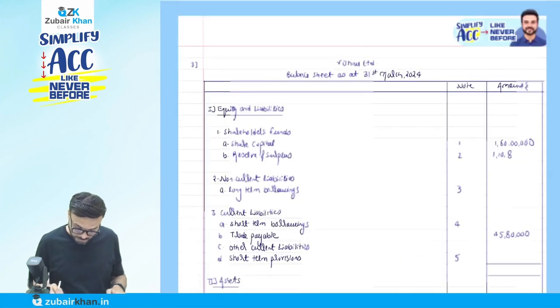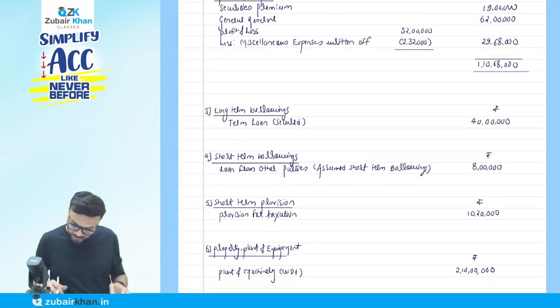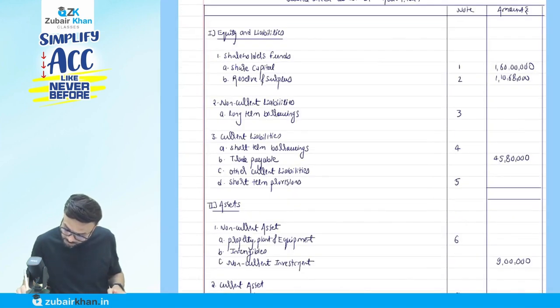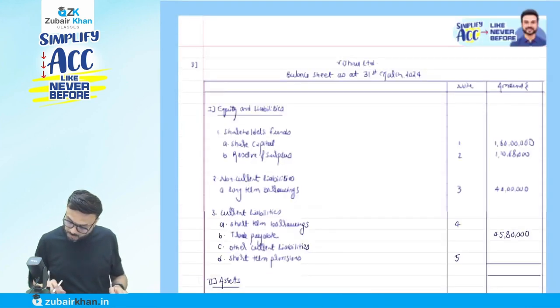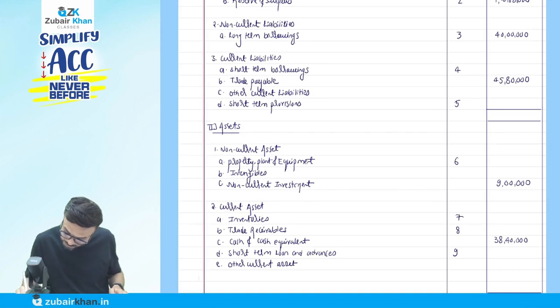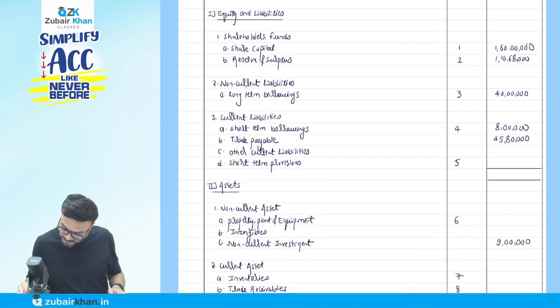Okay, then we have long-term borrowing 40 lakhs. Then short-term borrowing 8 lakhs. Then provision for tax 10 lakh 20,000.